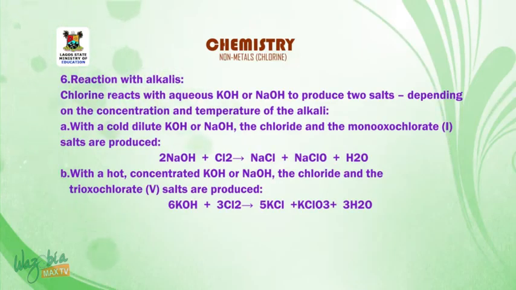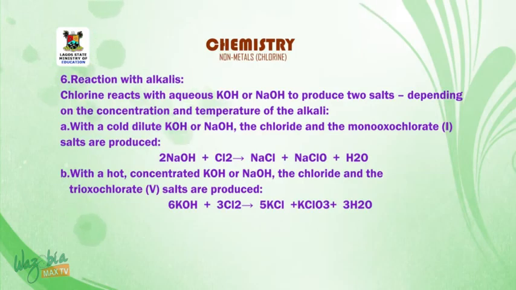A. With a cold dilute potassium hydroxide or sodium hydroxide, the chloride and the monooxochlorate 1 salts are produced, as shown in the equation. Sodium hydroxide reacting with chlorine to produce sodium chloride, sodium oxochlorate 1, and water.